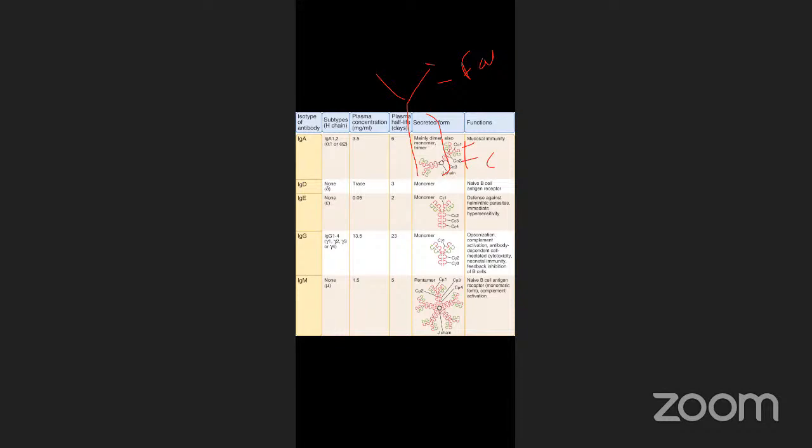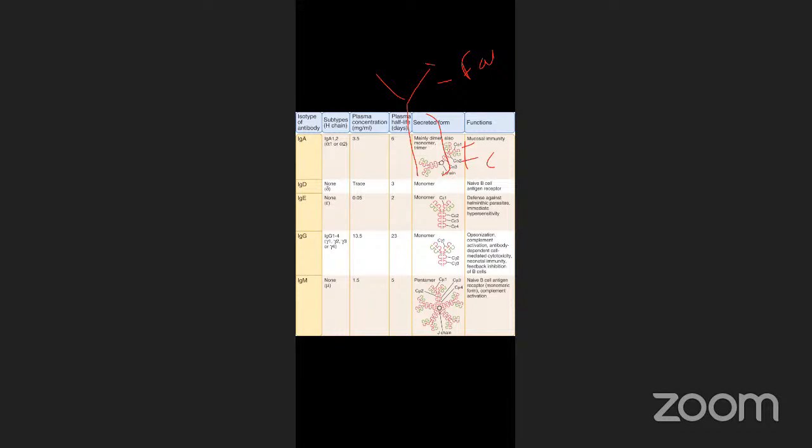With the help of the FC region, it binds with the cell surface. The lower one is the fragment crystallizable, cell binding region, and the upper one is the fragment antigen binding region.